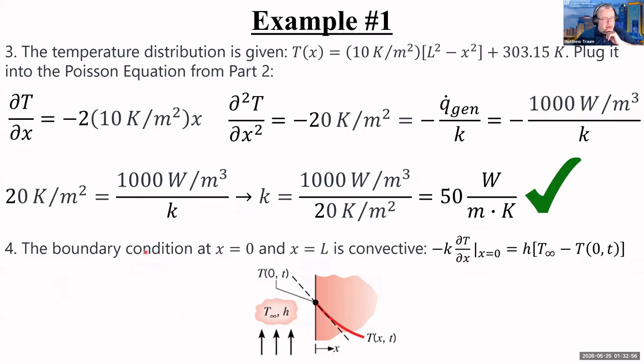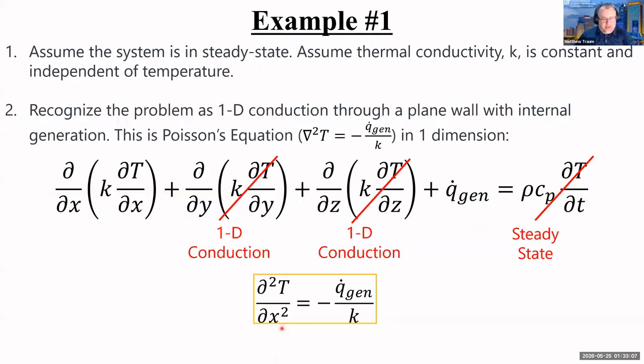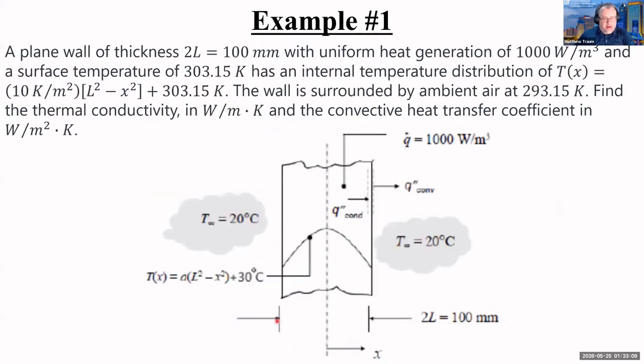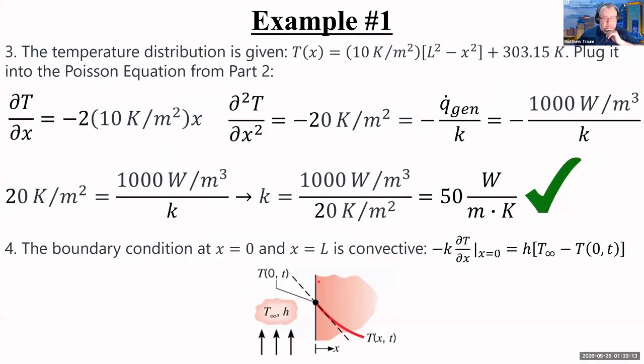Boundary condition, x equals 0 and x equals L. Actually, this should say x equals minus L, because minus L is here and plus L is here. I'll change that when we post the slides, but it doesn't change the outcome.